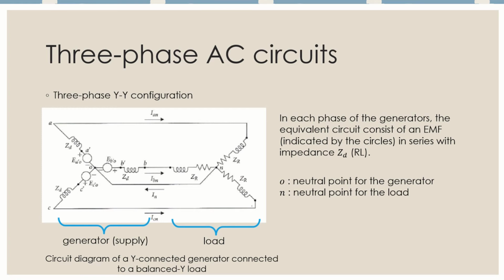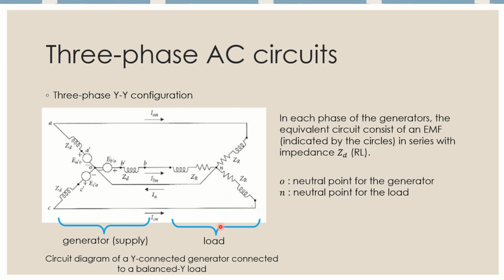So here you will see the three-phase Y to Y configuration. On this side is the supply side, where EA, EB, EC are the supply voltages. Then in the middle here we have a transmission line, and at the end here we have the load.